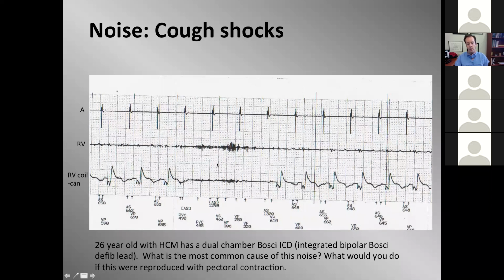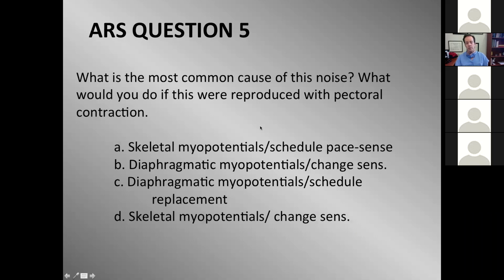The most common cause is diaphragmatic myopotentials. However, if this were reproduced by pectoral contraction, that represents a major problem. A defibrillator lead should never oversense myopotentials by pectoral contraction. So we need to talk about that for just a minute.